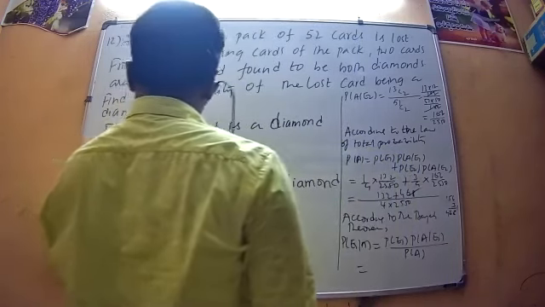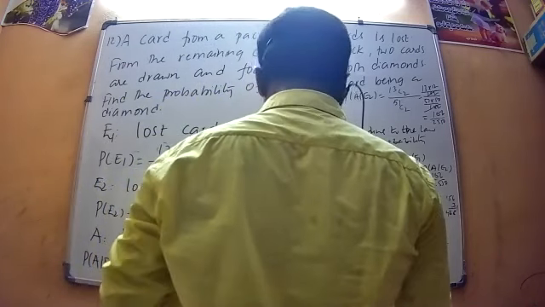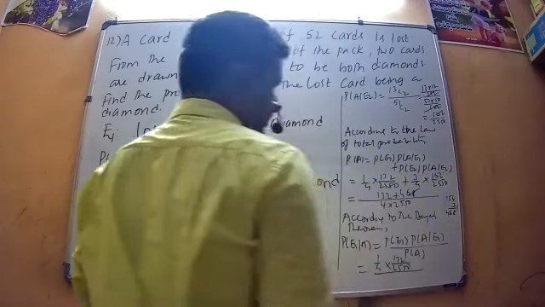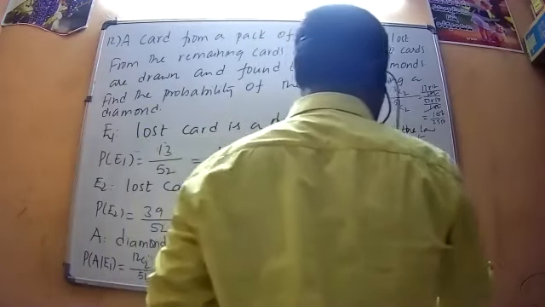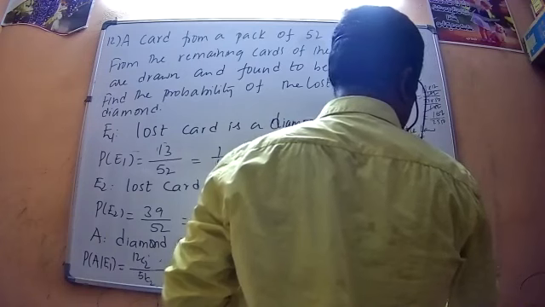P of E1 is 1 by 4 into P of A slash E1 is 132 by 2550 by, if you add here 132 and 468, what is the outcome you are going to get?